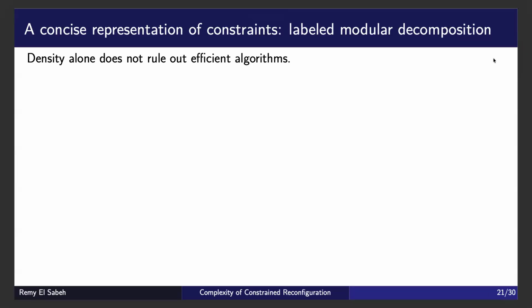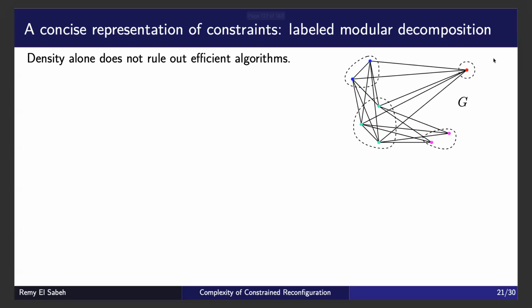Next, we look at the other end of the spectrum. What can we say when our union graph is dense? On the right, you're looking at a graph G, and I've partitioned this graph into 4 sets of vertices, and you can see that there's some uniformity happening here.